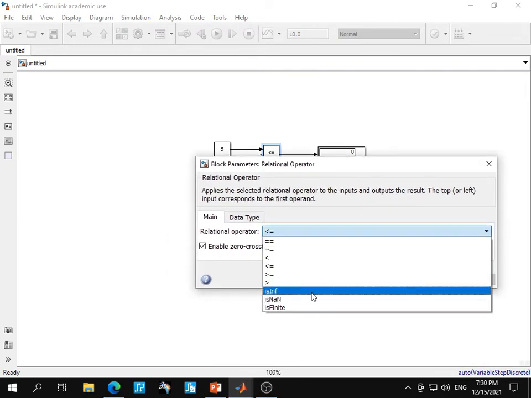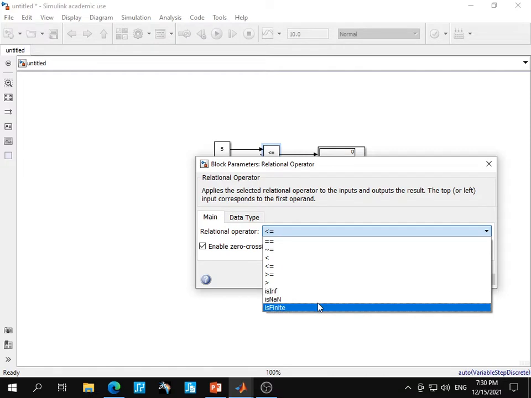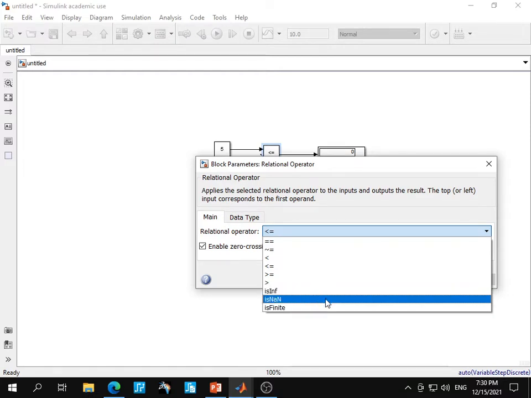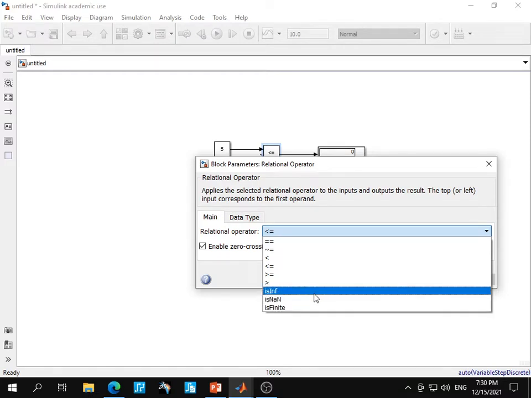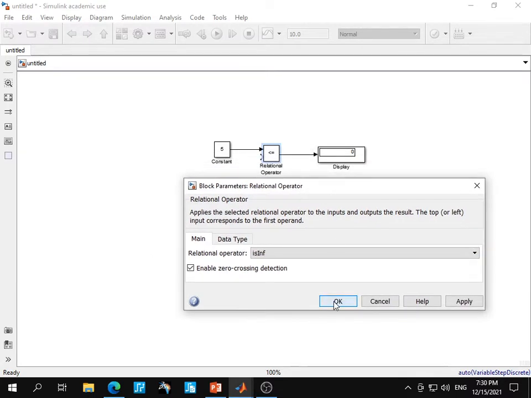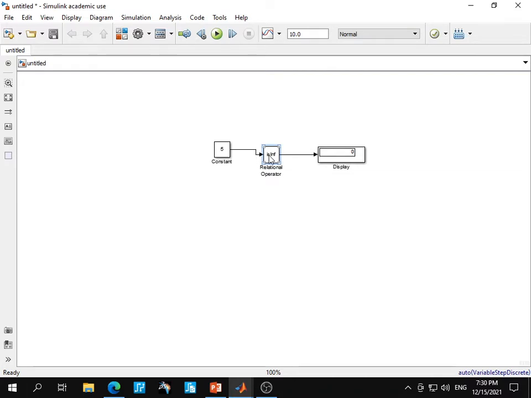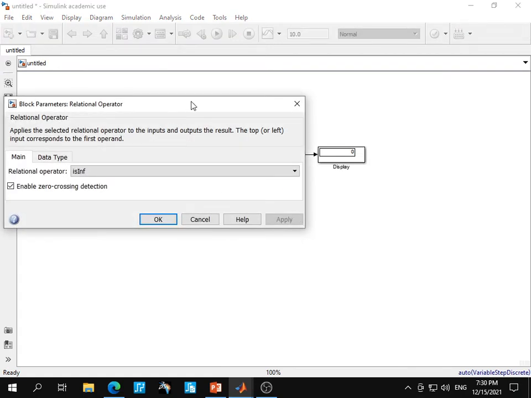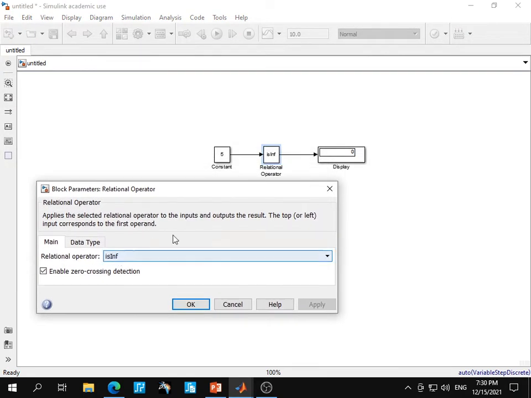And then now we have the last three types. These three are called one input mode because you would only have one input. Like this, if you select this is INF, it only has one input, as you can see. So what is this?